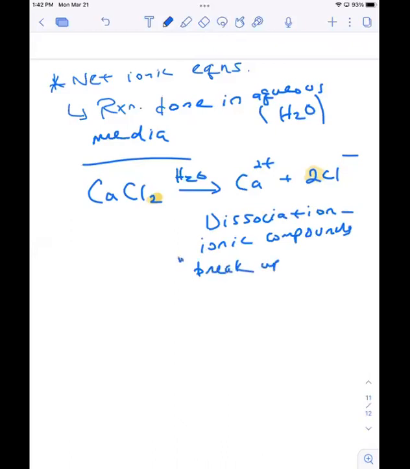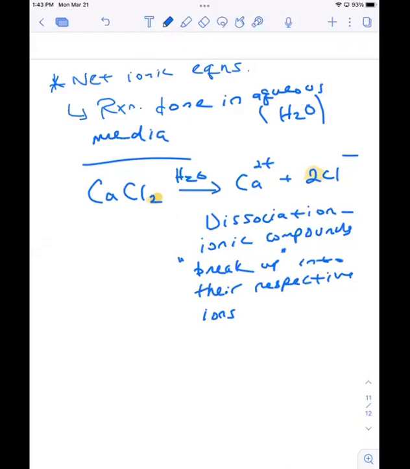I'm gonna put this in quotes because that's not a technical term. Right, but a lot of times if you dissolve up an ionic compound in water, the water can kind of get between the ions, and that's why it's able to dissociate like that.